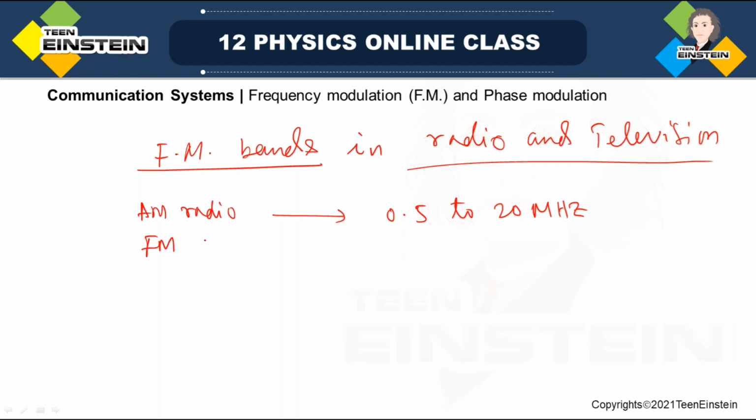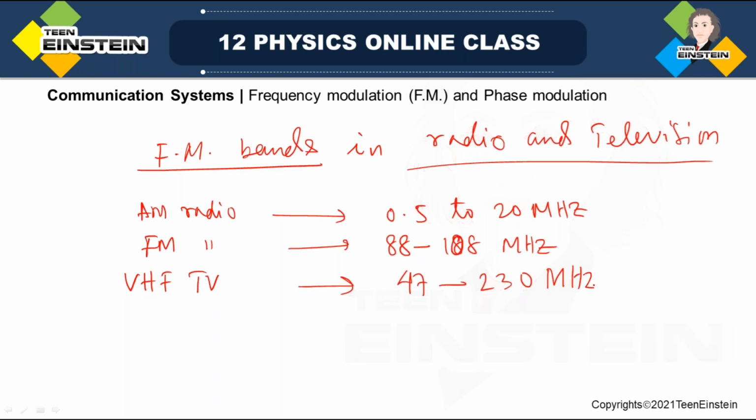FM radio has bands 88 to 108 megahertz. And VHF, very high frequency, which is used in TV, television, has frequency band between 47 to 230 megahertz, whereas UHF, ultra high frequency TV, has 470 to 960 megahertz. Okay, these are few commercial frequency bands.